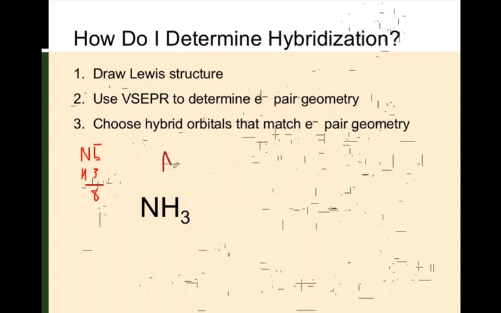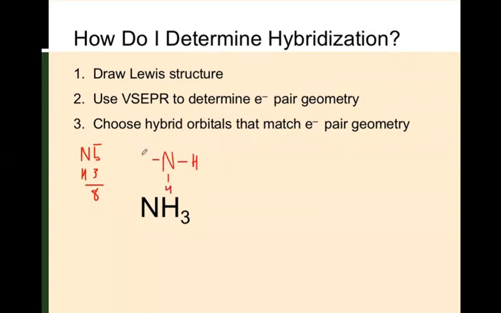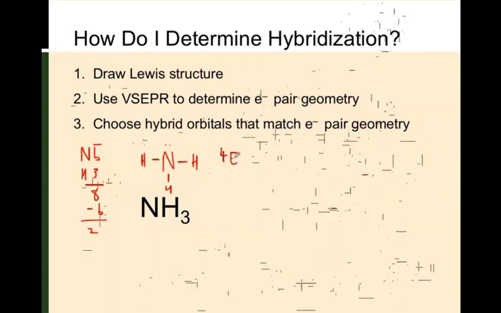Put the hydrogens attached to it. That's 3 bonding pairs. That's minus 6, 2 from each bonding pair, which leaves us with 2 electrons, a lone pair here. All right, so we have our Lewis structure. Our electron domain geometry is going to be 4 electron domains. It's going to be tetrahedral, much like methane, but this time one of them is a lone pair.